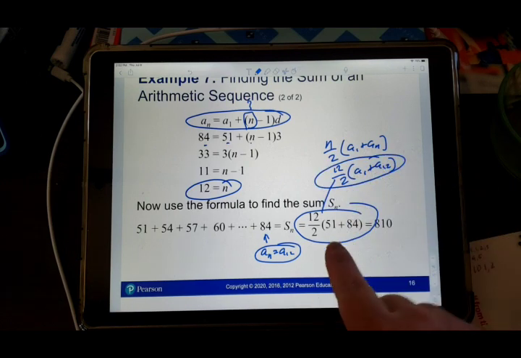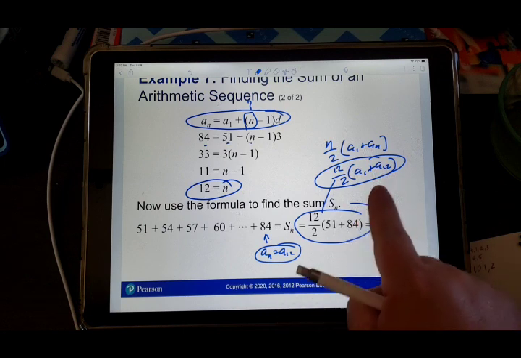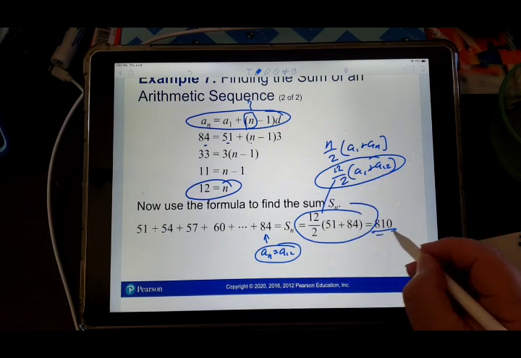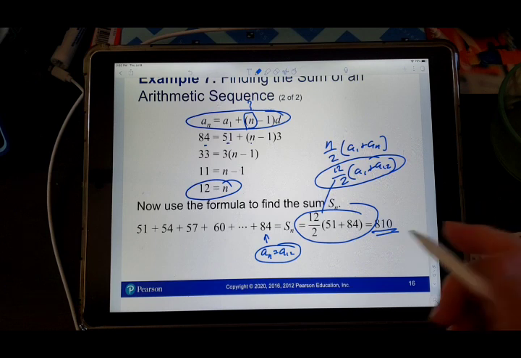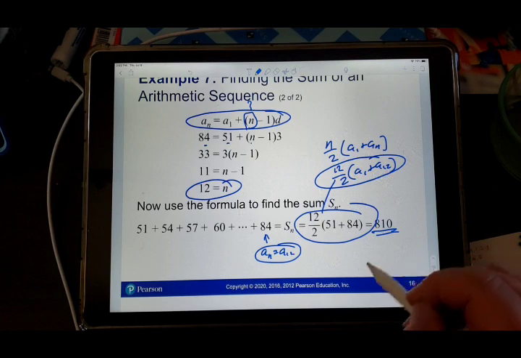And that's the formula that they substituted into. So take the formula, make the substitution, and we just added up 12 numbers, just that fast by performing this calculation.